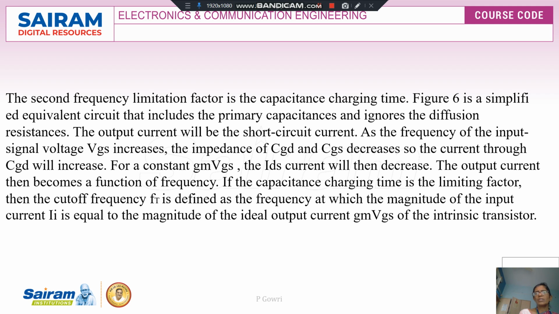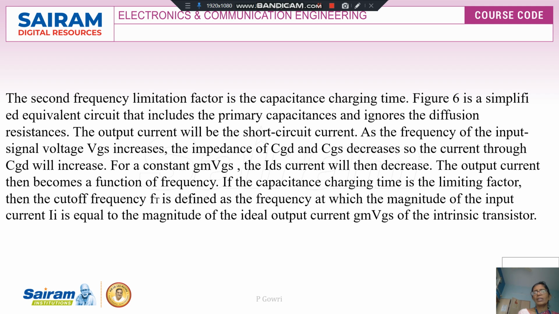If the capacitance charging time is the limiting factor, that is, if capacitance plays a role in the frequency limitations, then the cutoff frequency will be decided as the frequency at which the magnitude of the input current Ii is equal to the magnitude of the ideal output current Gm VGS of the intrinsic transistor.